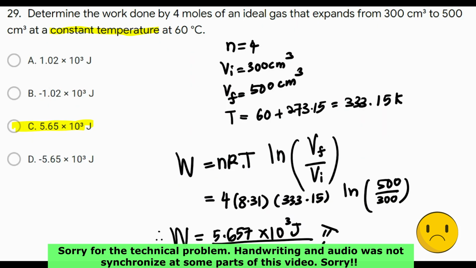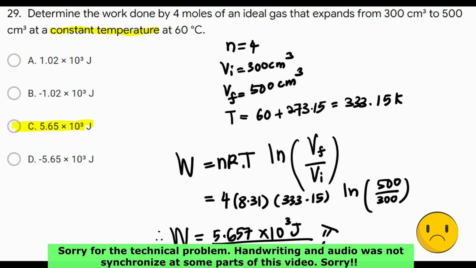For example 29, determine the work done by 4 moles, so N is equal to 4, of an ideal gas that expands from 300 centimeter cube, so V initial is 300 centimeter cube, to 500 centimeter cube, at constant temperature.